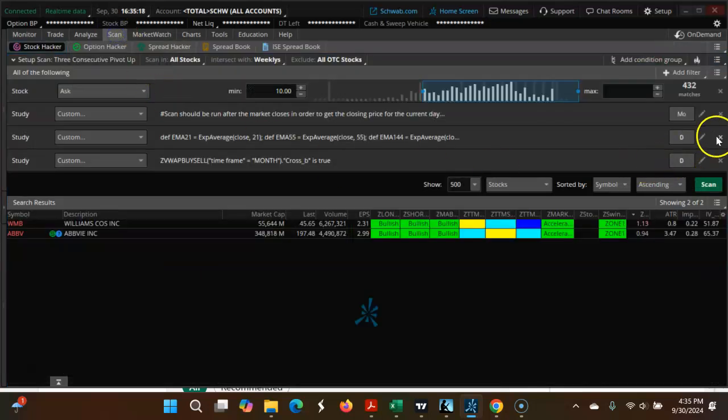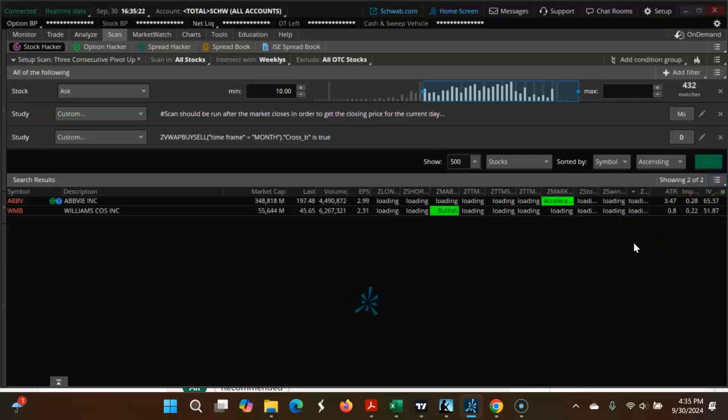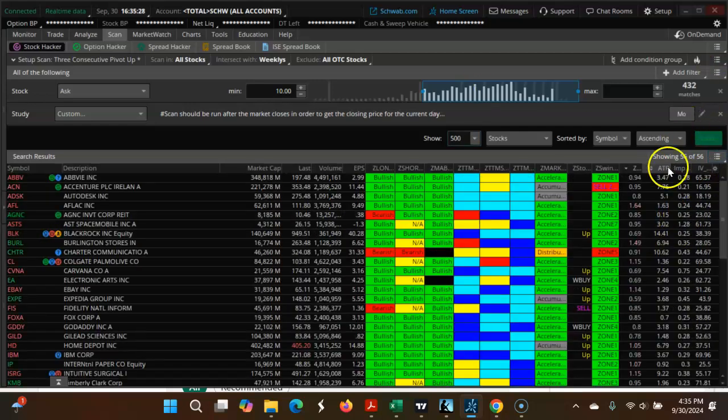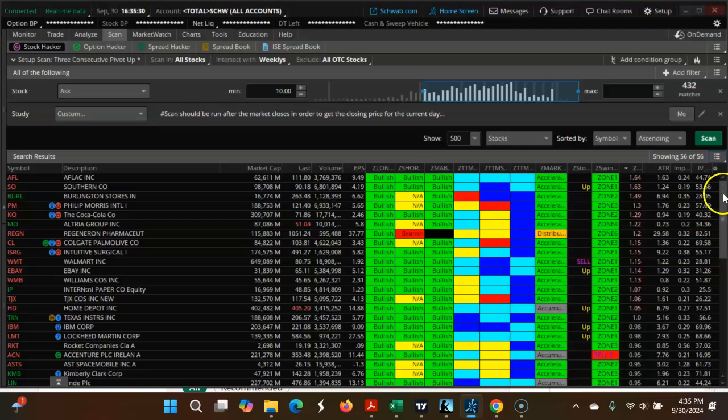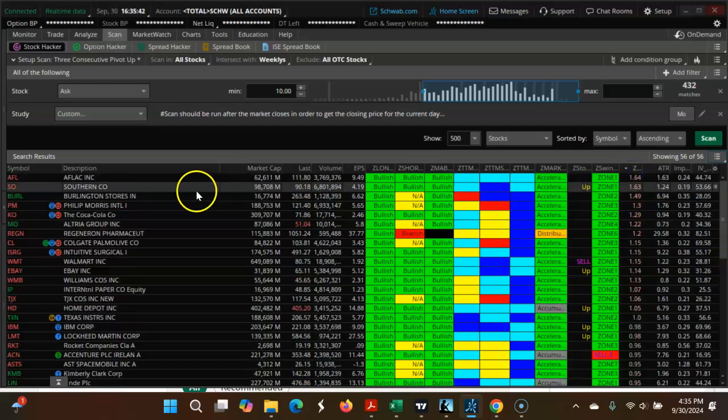Now let's take this out. Okay, we get the same thing. Market cap. A flag.